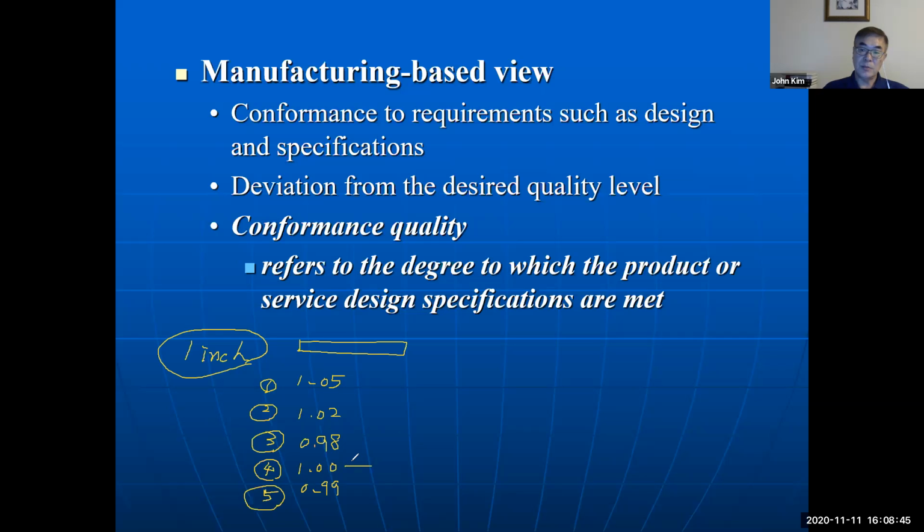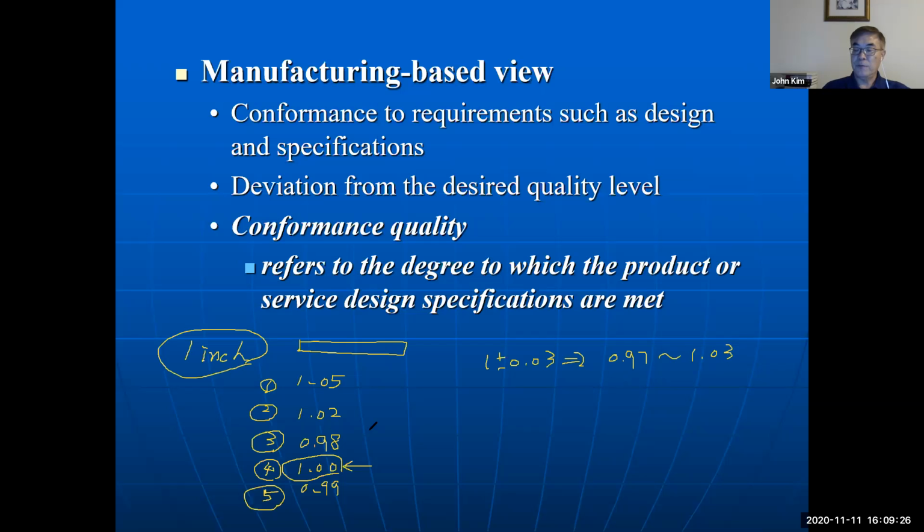Yeah, absolutely, this one is good because it is exactly 1 inch. But for others, before we have a specification, we cannot say it is good or not good. So give a certain tolerance, like 1 plus or minus 0.03. In that case, the range will be 0.97 to 1.03.